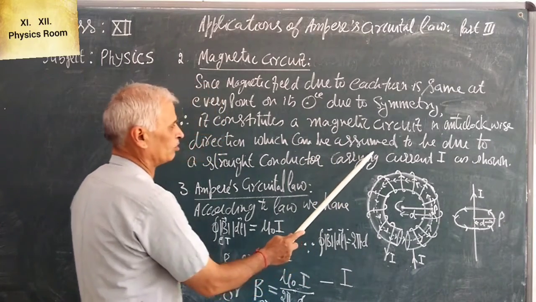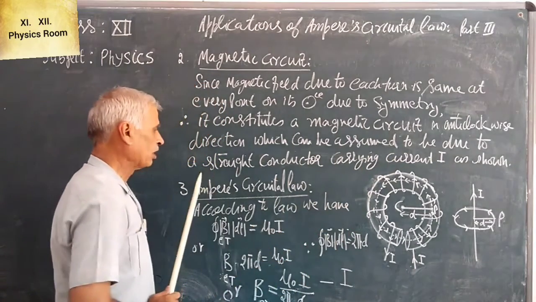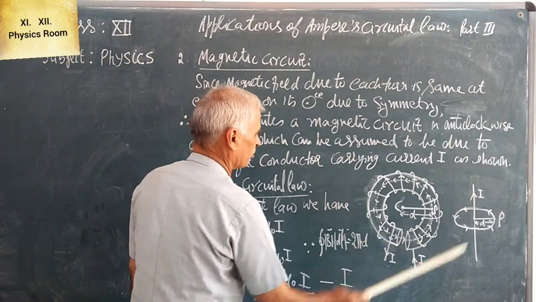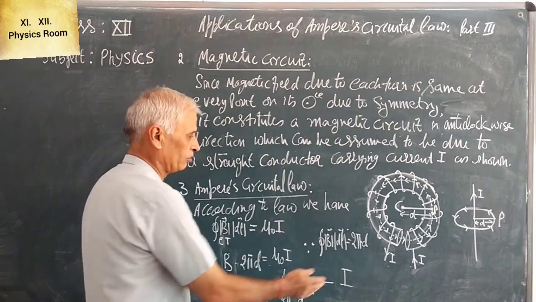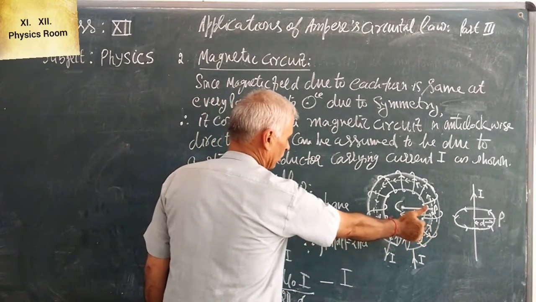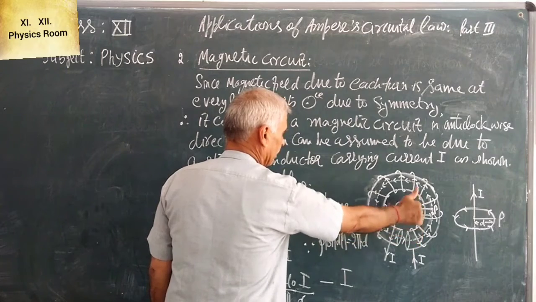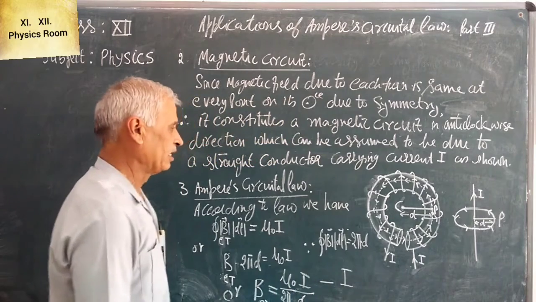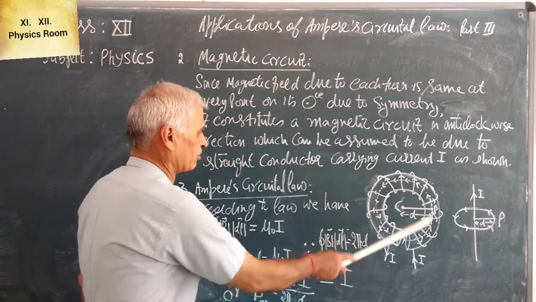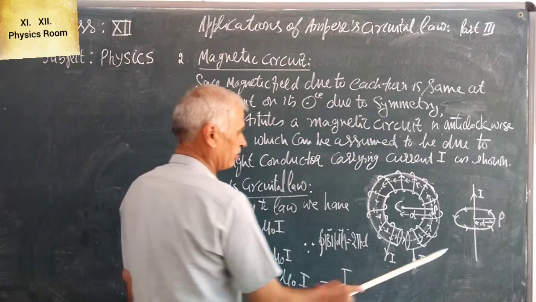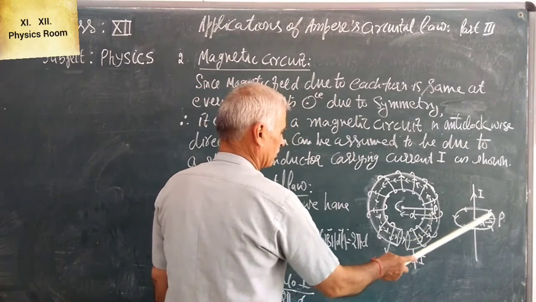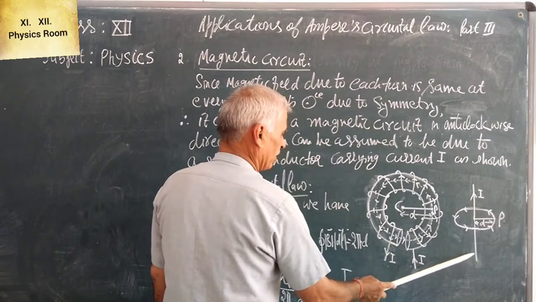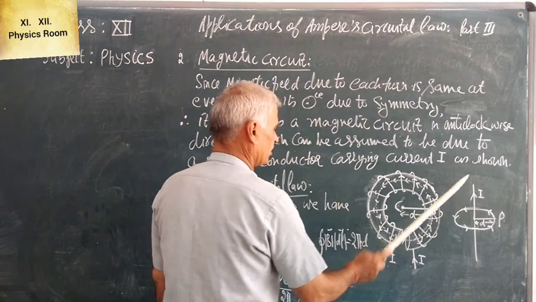Which can be assumed to be due to a straight conductor carrying current I as shown. Now here, if you use the right hand grip rule, the direction of magnetic lines of force will be along the circumference like this, and this magnetic circuit can be assumed, like this, as if this magnetic circuit is due to a conductor in which current is flowing in this direction.